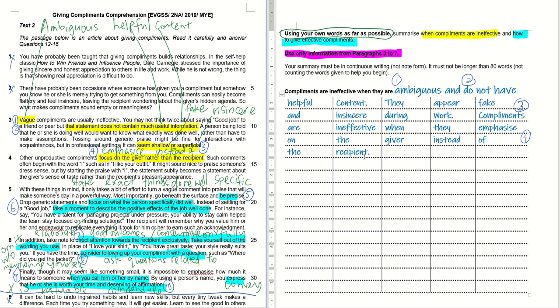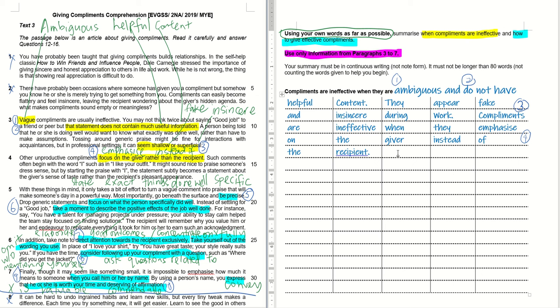Let me check if my spelling is correct. Okay. Recipient. Next, point 5. So point 5 is how to give effective compliments.